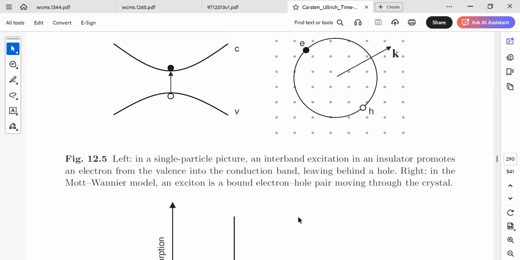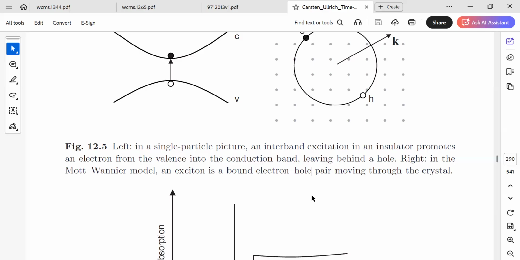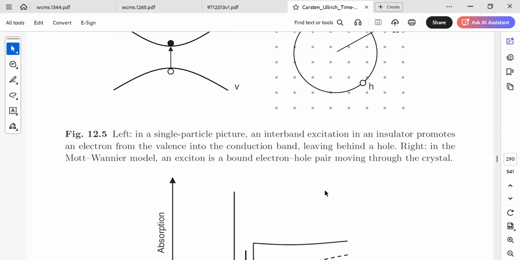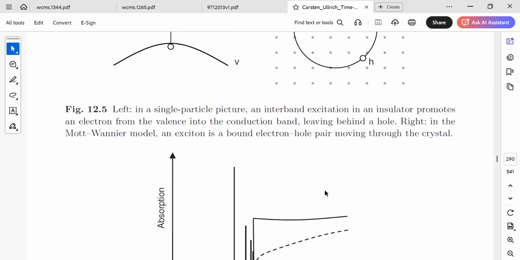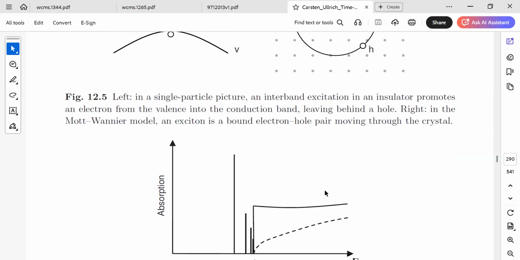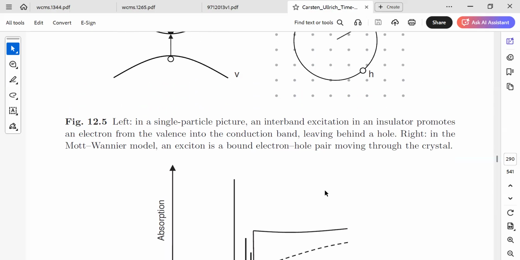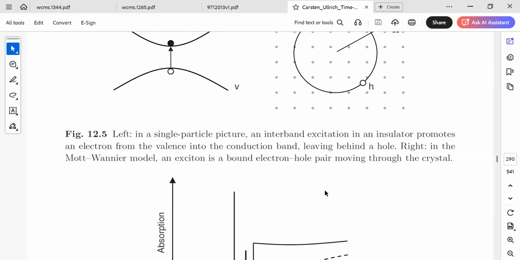What does this mean? This means that in a crystal, the collective behavior of this electron-hole pair can be described as a single particle, which we call the quasi-particle.